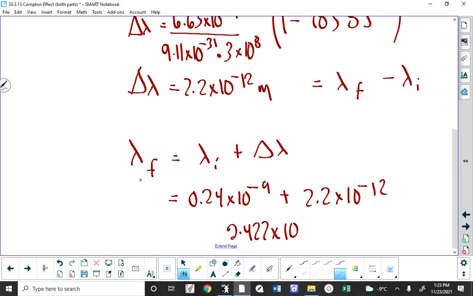But you are going to get the same answer we got using conservation of energy, which wasn't that hard on our brain, but it was a lot of work. And we got the same answer as we would using conservation of momentum. Clearly, this is very little work. You do one calculation to get the change in the wavelength, and you add it on to the initial wavelength. Why are these answers not exactly the same?